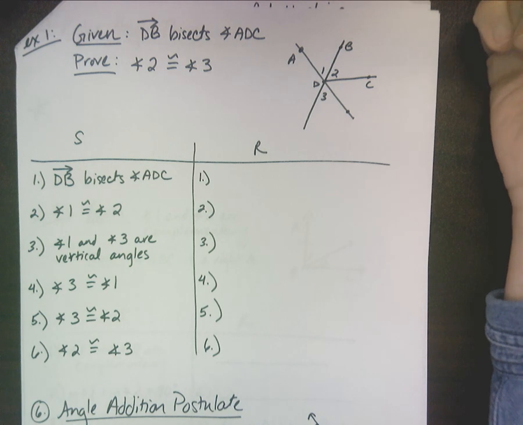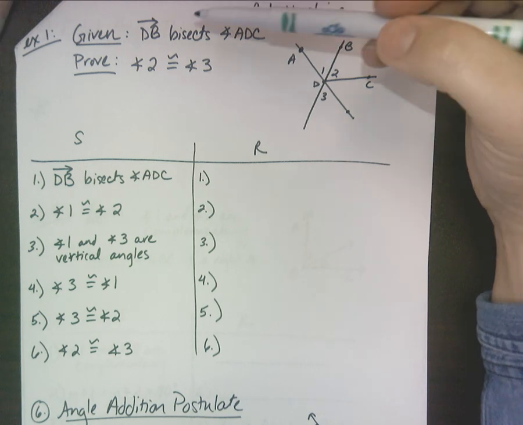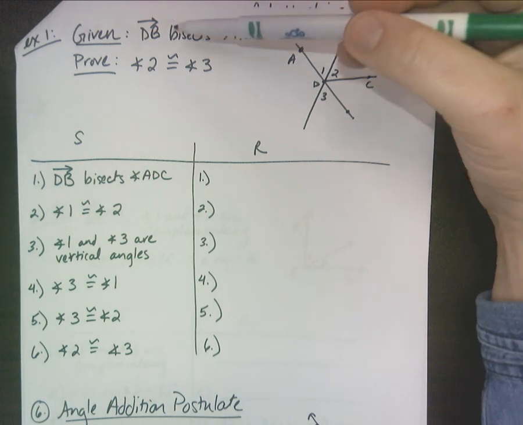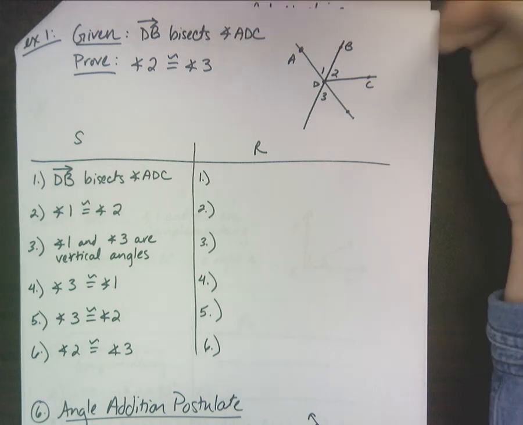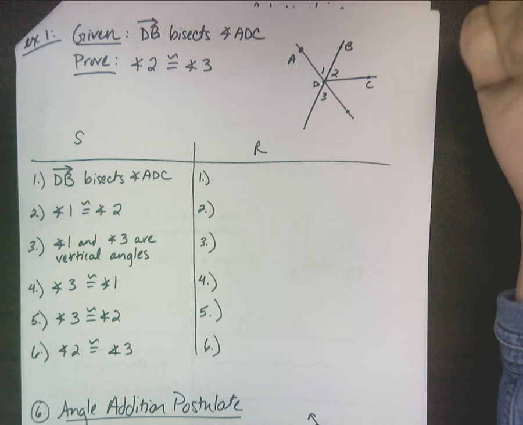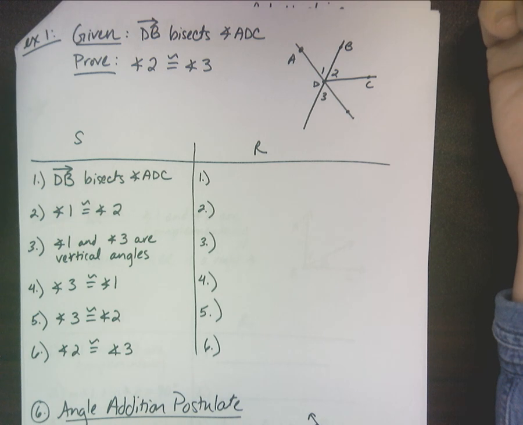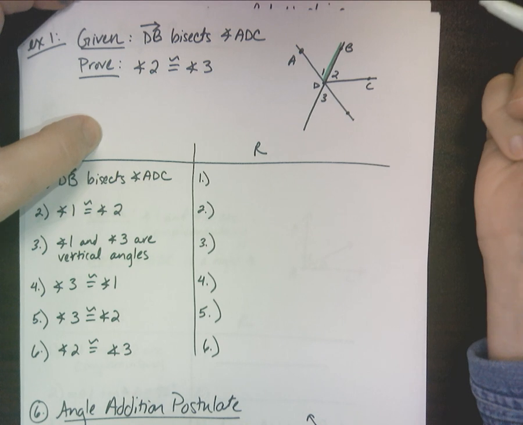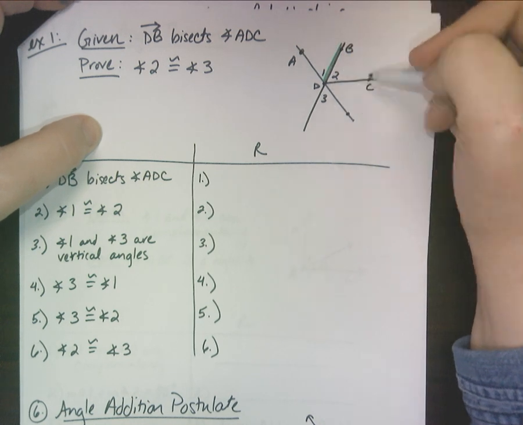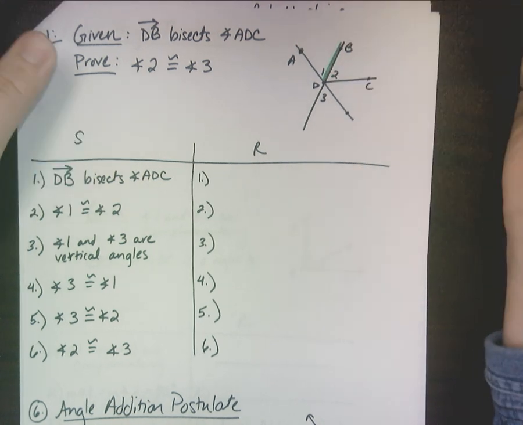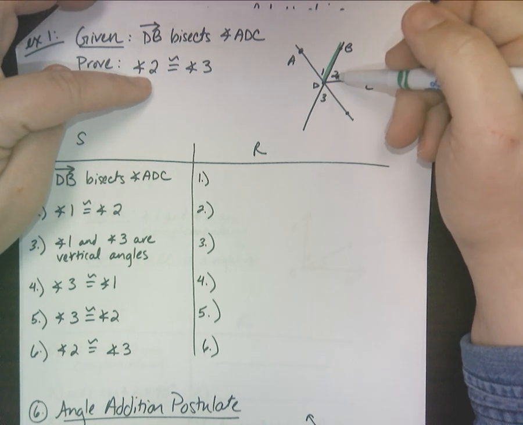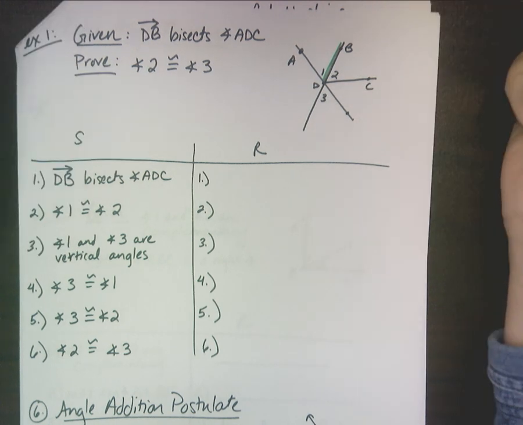Let's talk about bisects again. Sect is a suffix that means to cut. Bi means two, so you're cutting into two equal parts. You should have known that from bisector. So if this ray is bisecting ADC, you should know something about 1 and 2. Our job is to prove that angle 2 and angle 3 are congruent. That's very interesting. We'll find out about that.